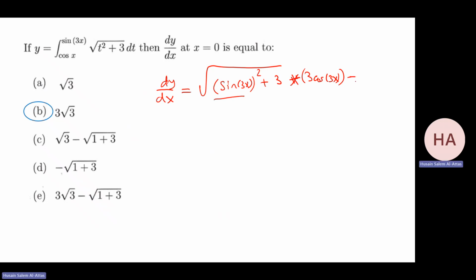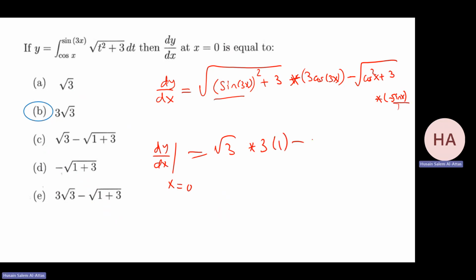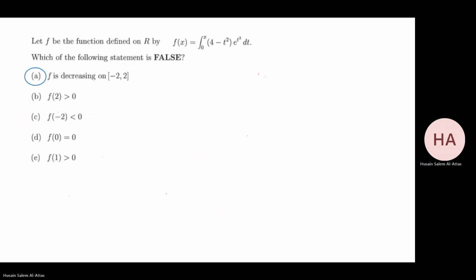Minus square root cosine square x plus 3 times derivative of cosine, which is minus sine. What they want? They want dy by dx at x equals 0. So we have 0, square root of 3, here 3 times 1. This is 0 minus 0, so it's 3 square root of 3, which is this.